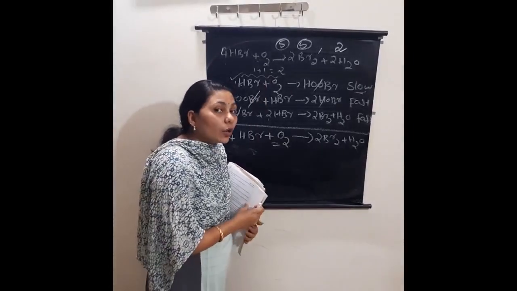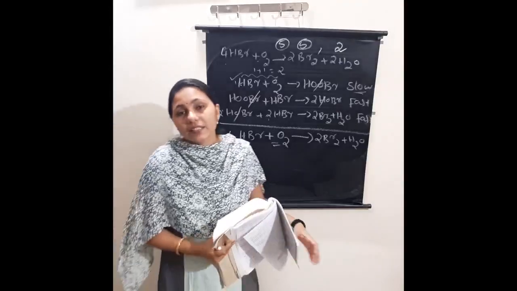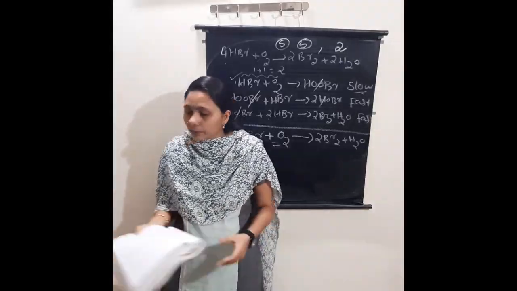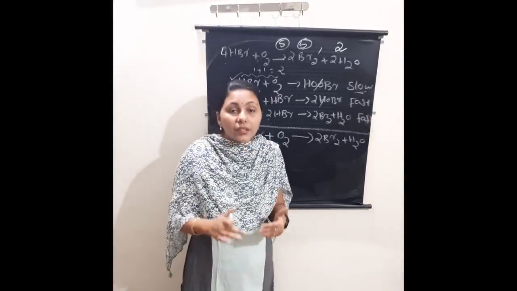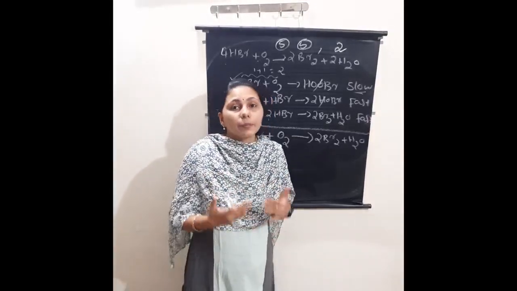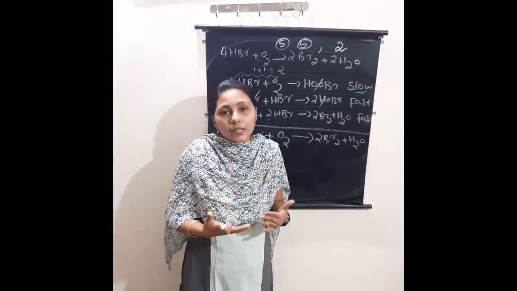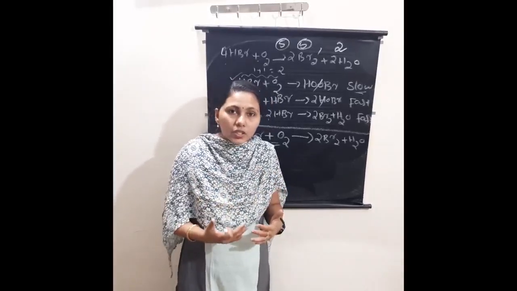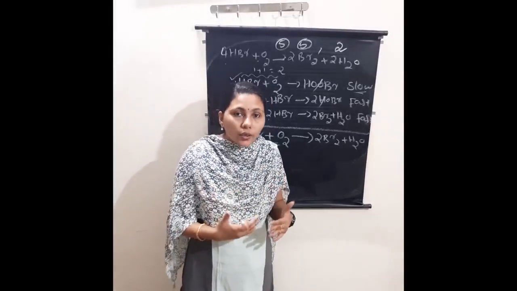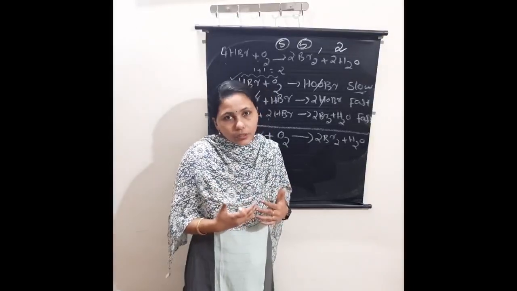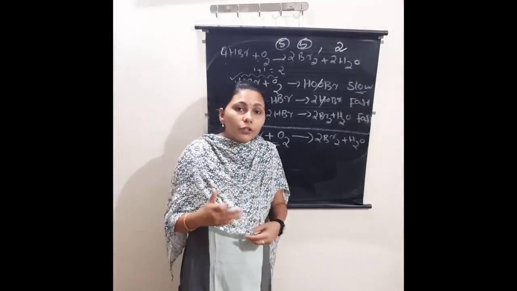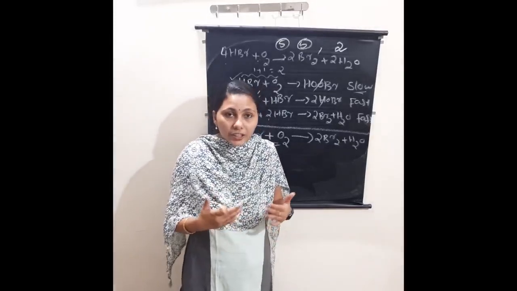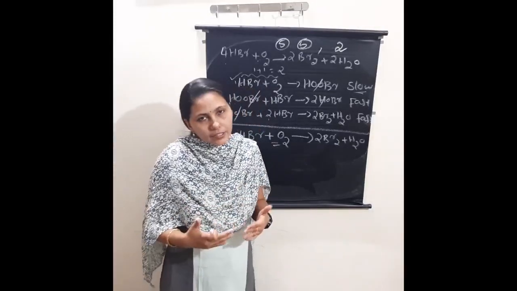Any complex reaction contains many elementary steps. Among them, the slowest step is considered for calculating molecularity, order, and the rate of the reaction. Okay, so molecularity means the number of reacting species involved in a reaction.